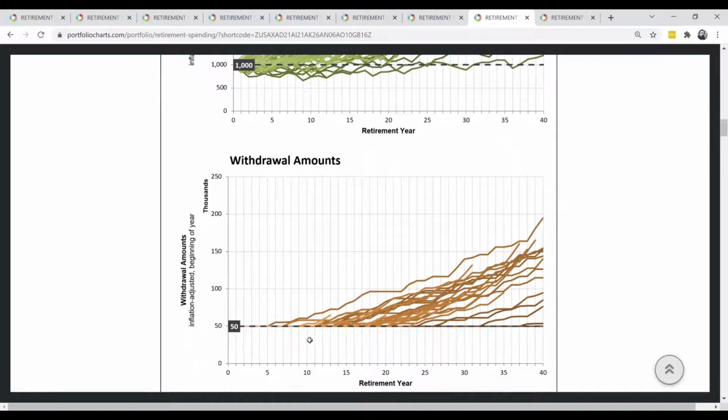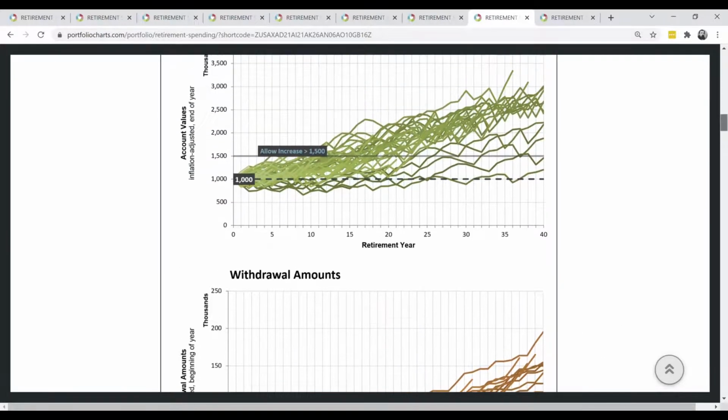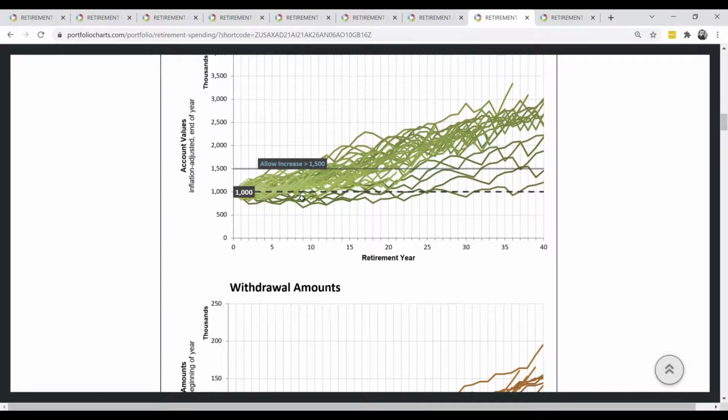So you can see in this instance that you never go below the original 5% or 50,000 on a million, adjusted for inflation. But then if you do have more in the portfolio, you start taking out more as time goes on. And again, that has a pretty decent characteristic here in terms of how much would be in the portfolio and how much you'd be able to withdraw.